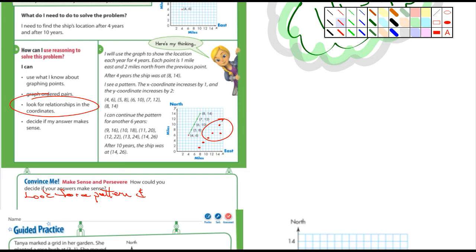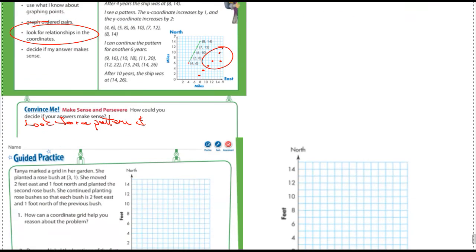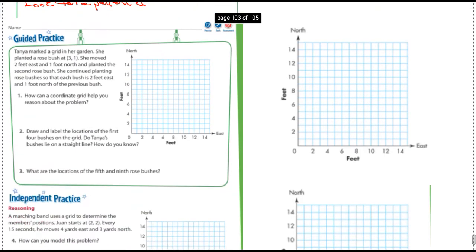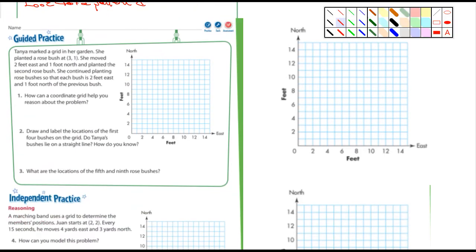So, okay, let's go to the guided practice. And I already copied the graphs and kind of moved them over. I'm just going to help you get started on these and let you guys do them on your own. Tanya marked a grid in her garden. She planted a rose at 3, 1. All right, so I'm going to plant a rose at 3, 1. So 3 is always the x value. Remember that.